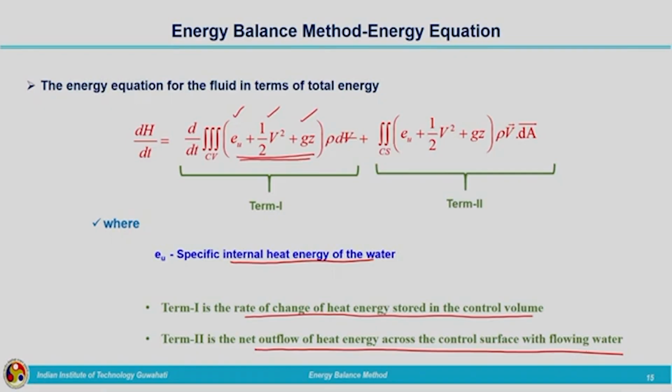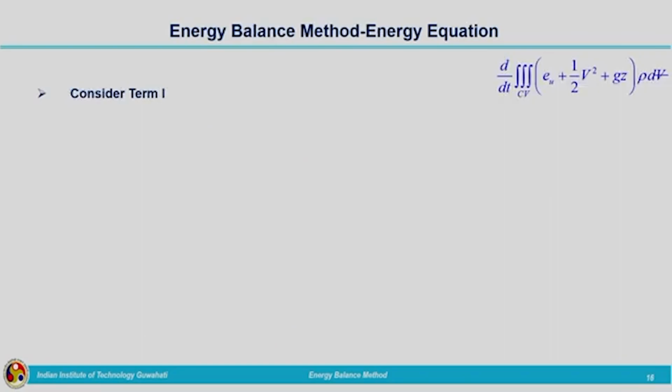So, consider term 1. I have just rewritten this particular term over here. Look at this equation. Consider the pan: the velocity v in the pan is 0, and looking at z, the datum head is not changing. We have a pan, and corresponding to a particular pan the datum head is not changing.